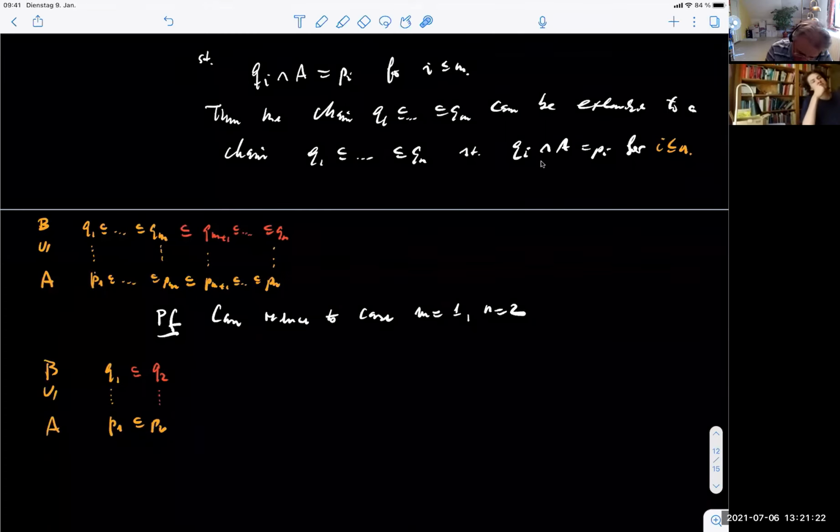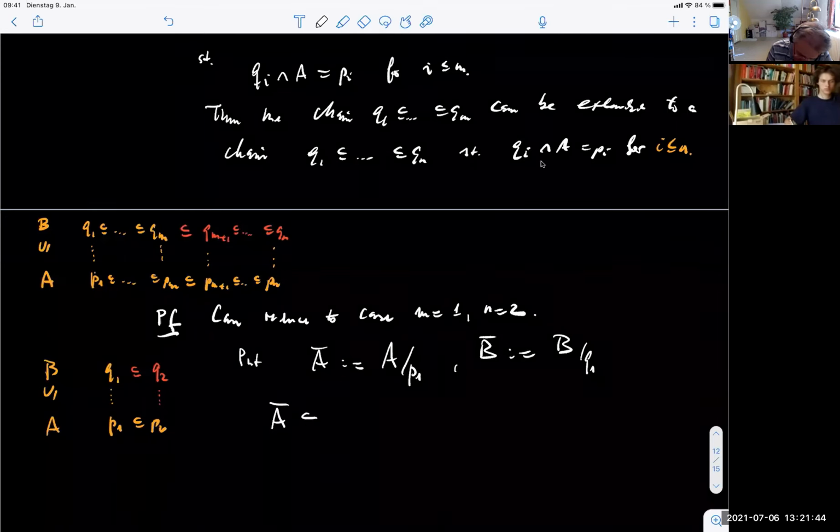So let's do this. Let's define the ring A bar, which is A mod P1, and B bar, which is B mod Q1. Okay, then I have the extension A bar in B bar, and that's an integral ring extension.